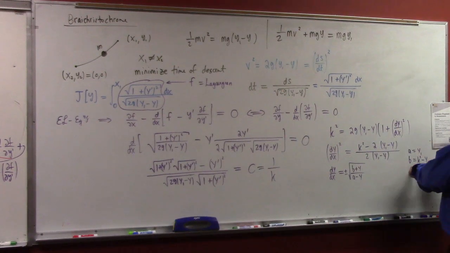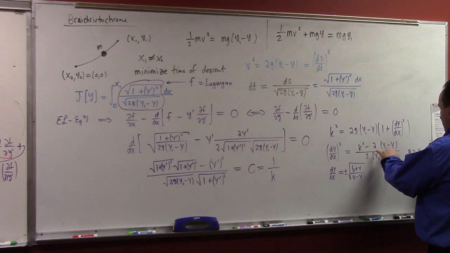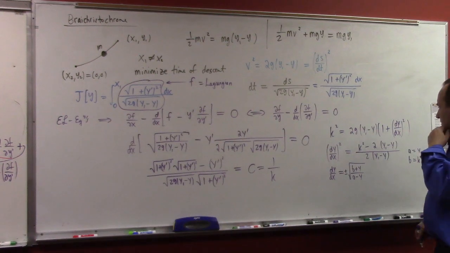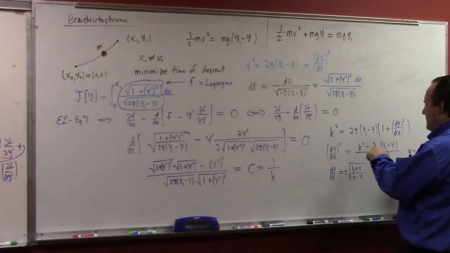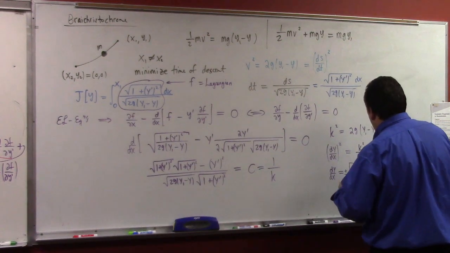So b is k squared minus y1. Well, there's a 2y1 there though. Did I get rid of that 2 too? Oh, I should have absorbed the 2 into here as well. So that 2 is not there either.